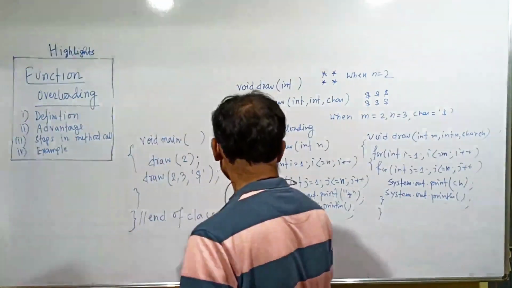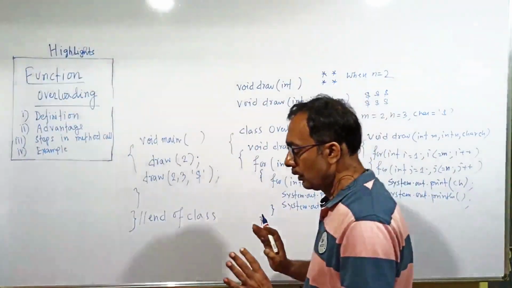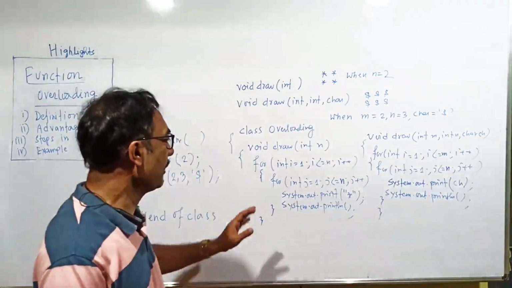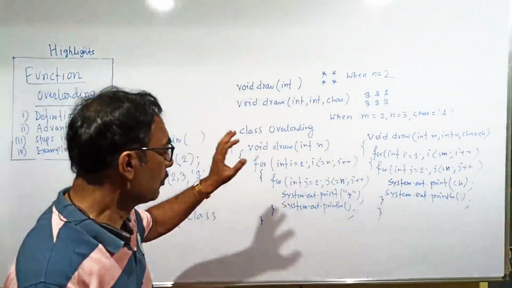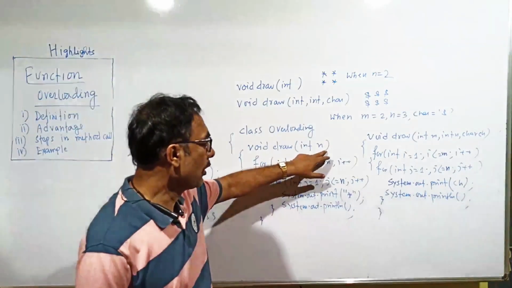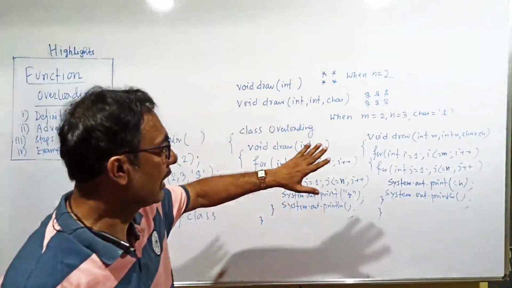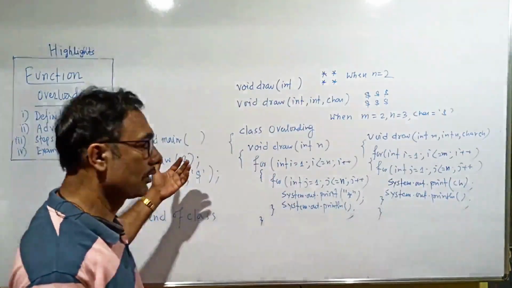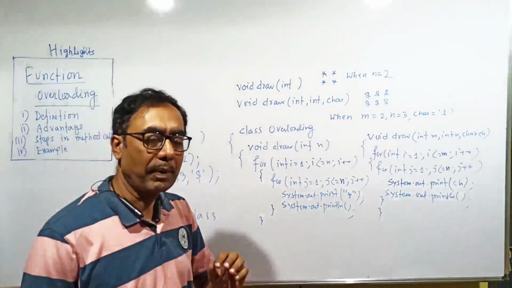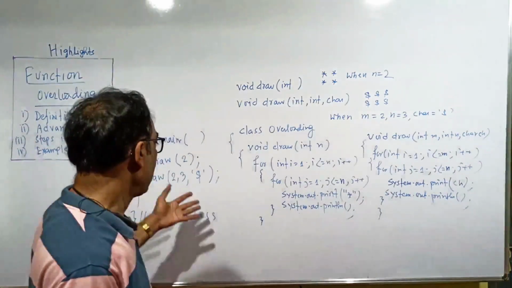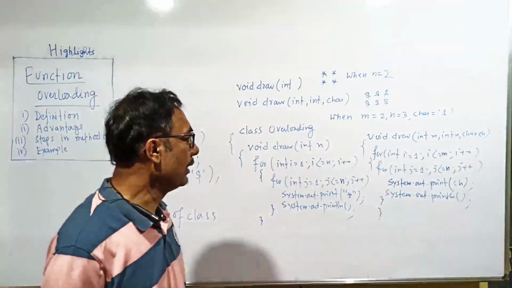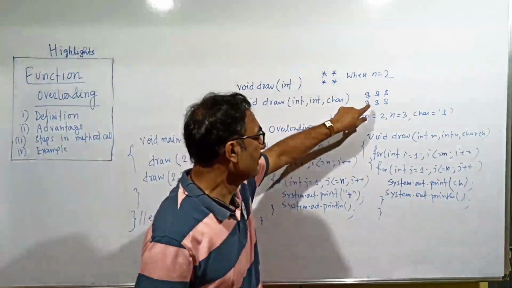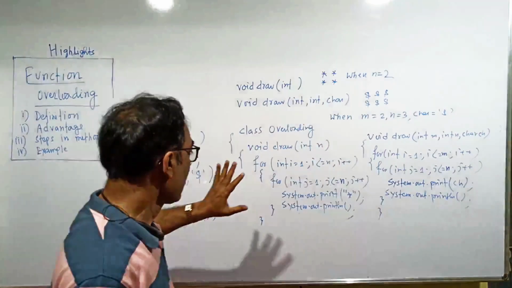Okay, so what you have observed is that in the class definition we have got two methods. In one method there is only one parameter, in another method there are three parameters. Both the methods are called with the appropriate number of parameters, and at the end of the execution you will find this pattern and that pattern appear on your screen.